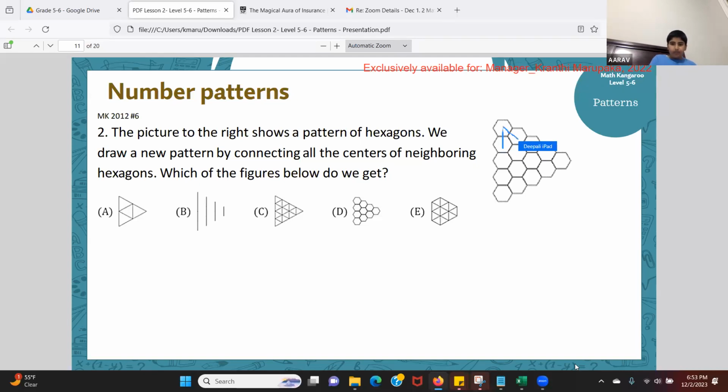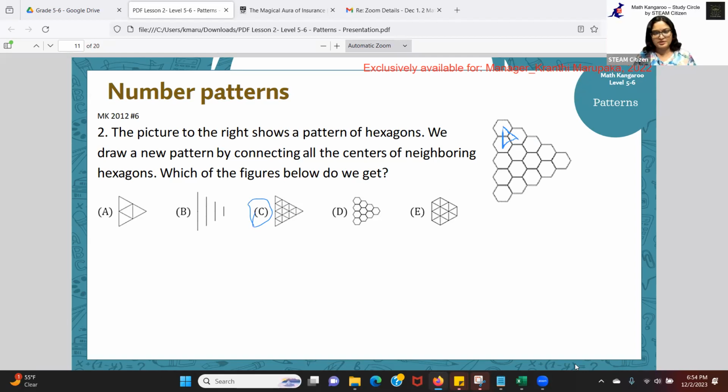So yeah, like that. And then the only one which is like a really big triangle and has many equilateral triangles in it is C. So that's how I would get C, if that makes sense.